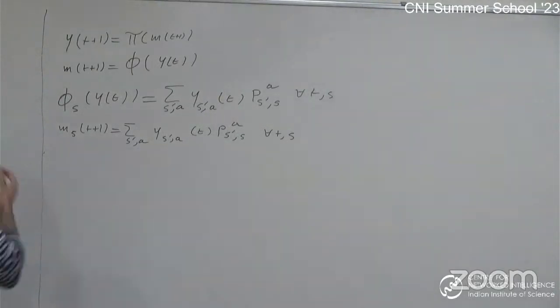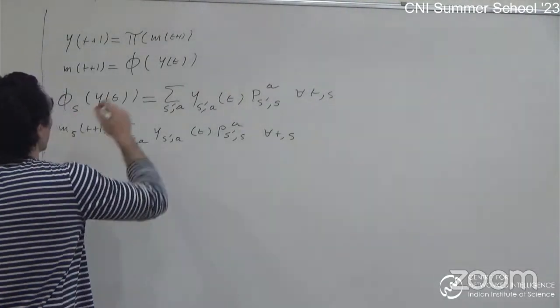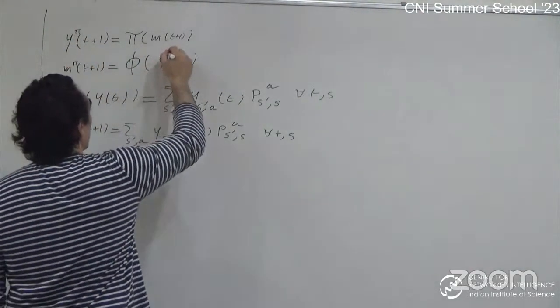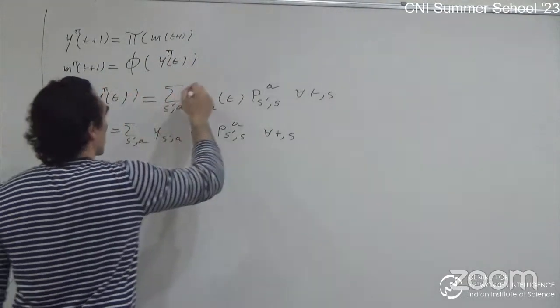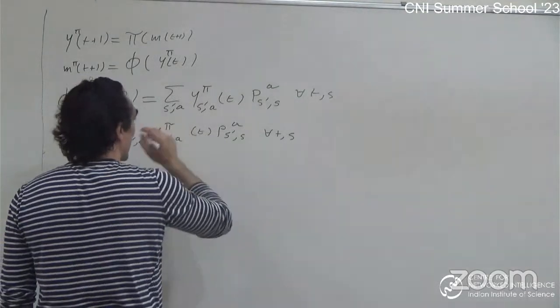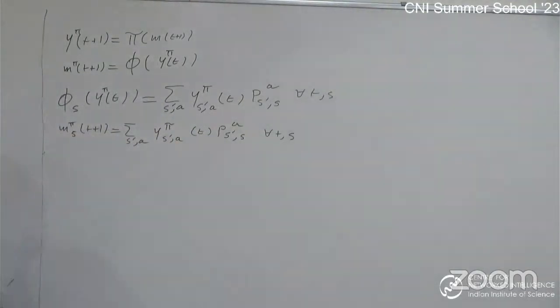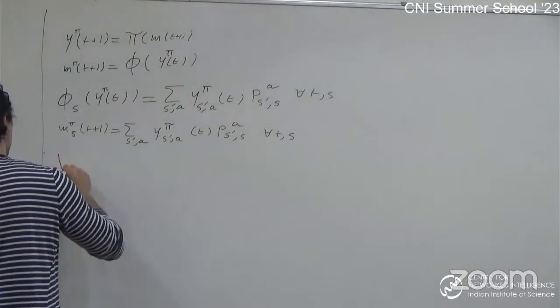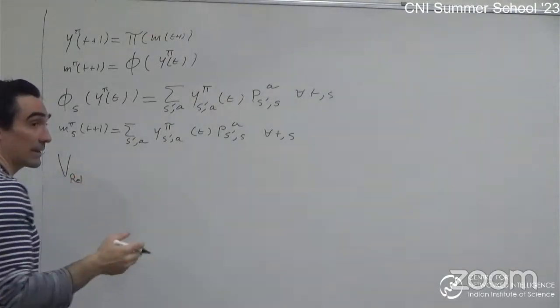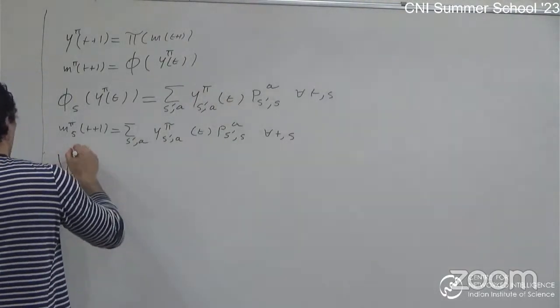So now, remember, what is the cost function of the LP? What is the value function for a given policy pi? What I will do is add small pi everywhere. Just recall that all this is basically parameterized by the function pi. So then what is the value function of the relaxed problem when I take everything in expectation under pi?